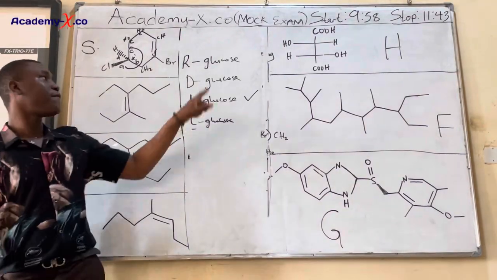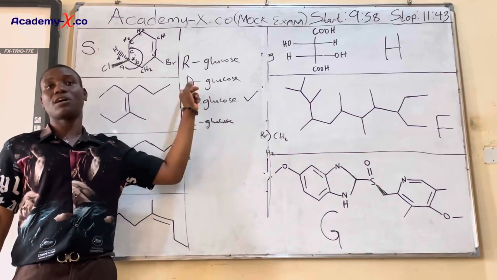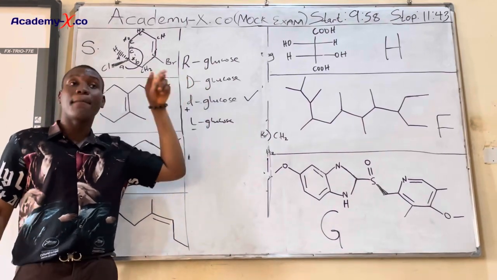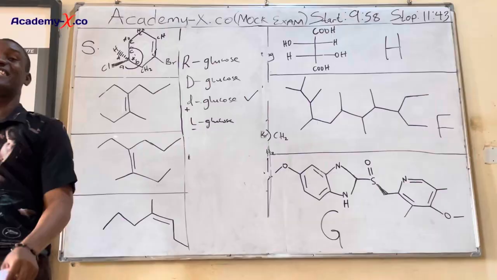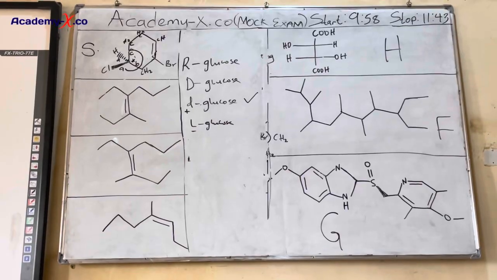But if I have big D and big L, it is not indicative of optical activity, because the big D can actually be rotating to the left. It depends. It's not dependent.